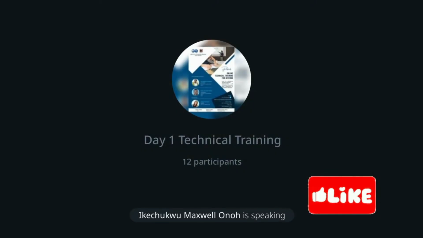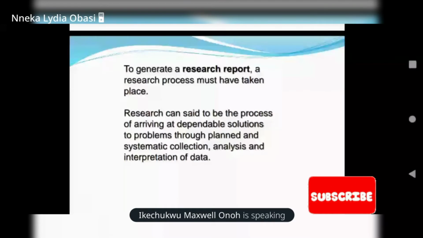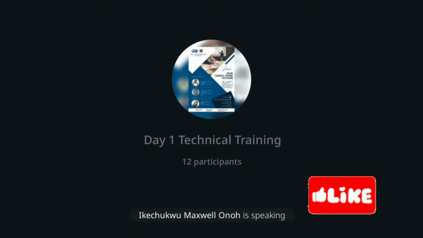Research can be said to be the process of arriving at dependable solutions to problems through planned and systematic collection, analysis, and interpretation of data. You see the sequence. Research can be said to be a process. You see, in science and technology, very important is science, because technology comes after science.